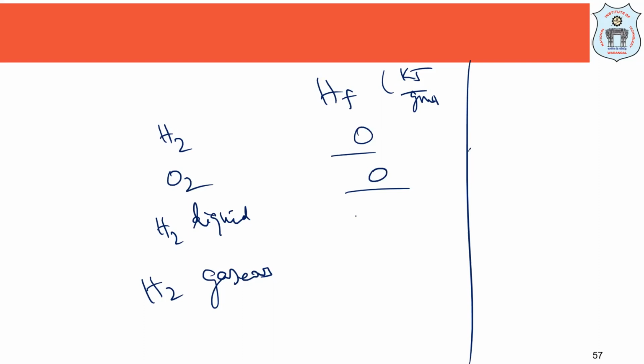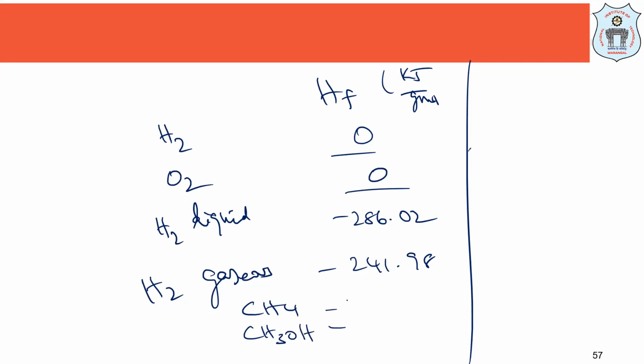And if water is in liquid form, we have minus 286.02 kilojoules per mole. If it is vapor, 241.98 is the one. Similarly, we should be able to write for methane and methanol, because we are going to use other fuels also. So please fill the value for this heat of formation.